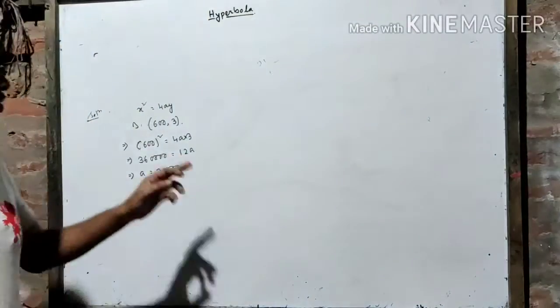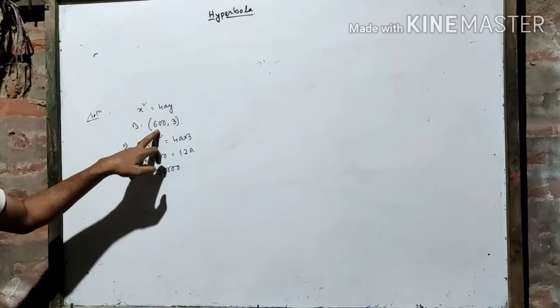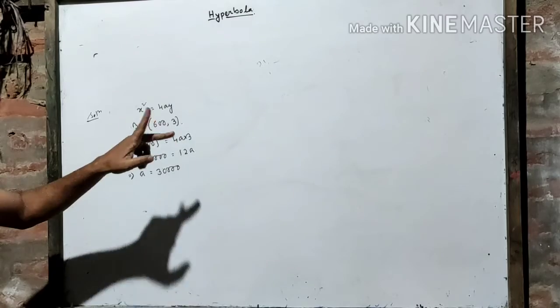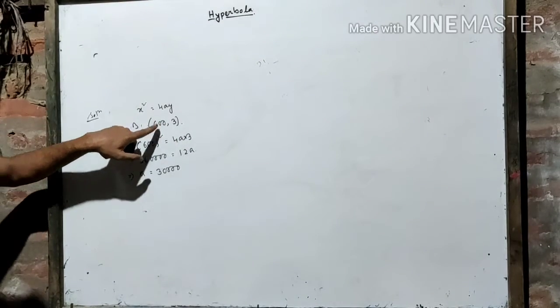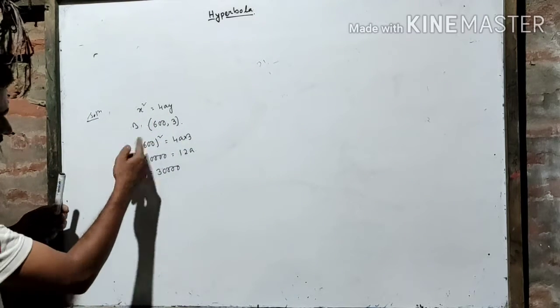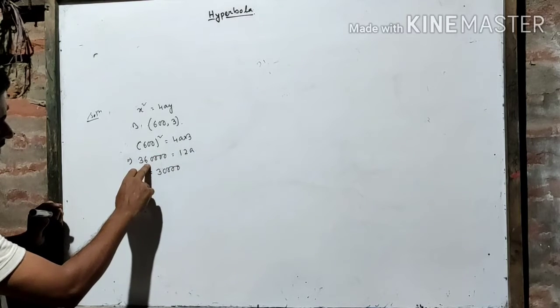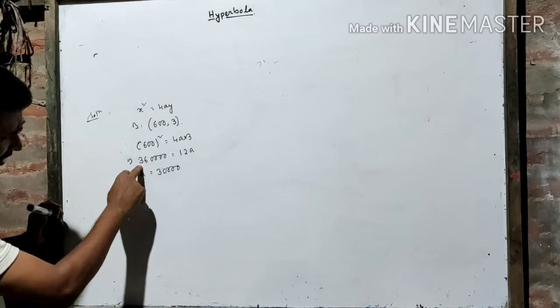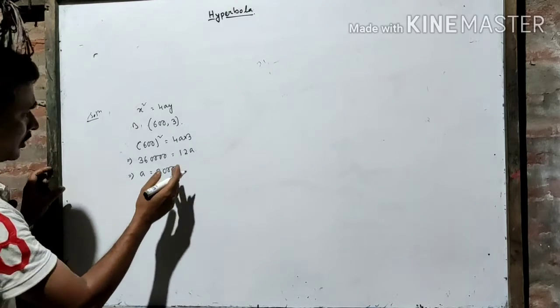Equation of the parabola is x square is equal to 4ay, and the coordinates of B are 600 centimeter, 3. So it will satisfy the equation of the parabola. So 600 square is equal to 4a into y, which is 3. So 600 square will be 360,000, and is equal to 12a.